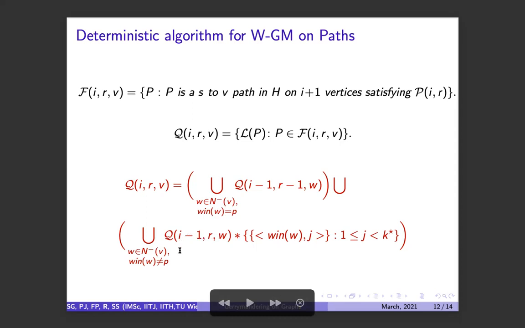I should have R unlabeled arcs as well, right? So from the path which is on I minus 1 vertices, that is from the S-to-W path, which is on I minus 1 vertices, there I must have R unlabeled arcs. Okay, so this is how we can compute this family recursively.